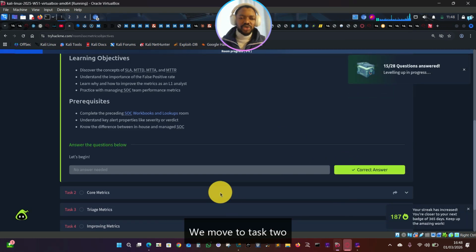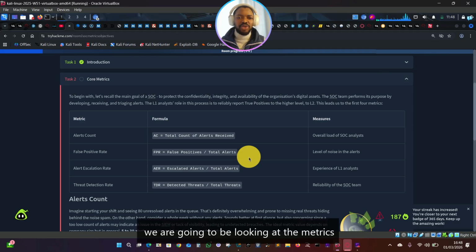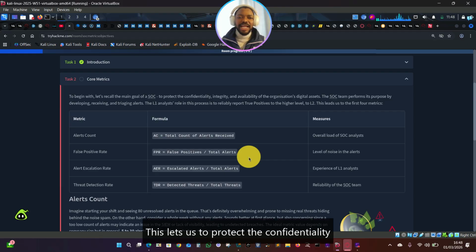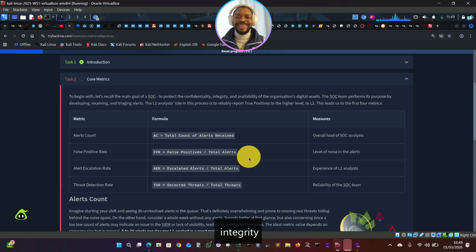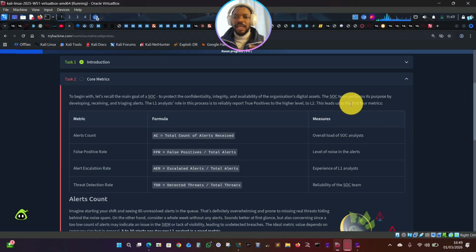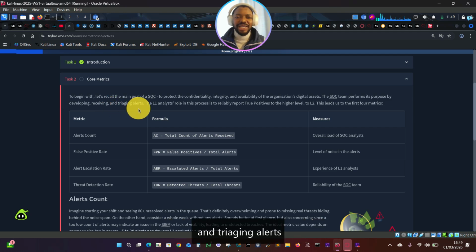We move to task 2, core metrics. In this task, we are going to be looking at the metrics, the formulas, and the measures. This lets us protect the confidentiality, integrity, and availability of the organization's digital assets. The SOC team performs its purpose by developing, receiving, and triaging alerts.